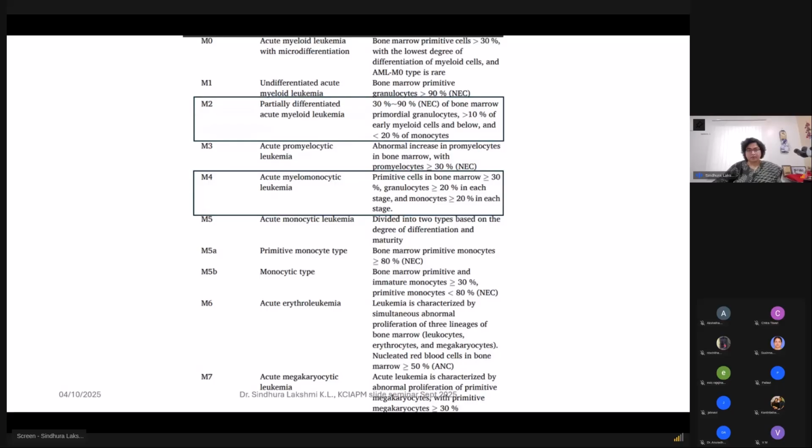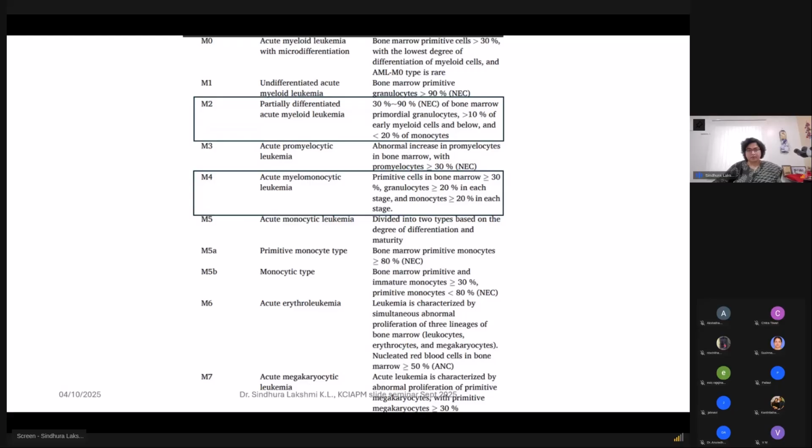Without the nucleated cell differential count, you cannot really classify AMLs into different categories, even by FAB classification. Earlier, there were two or three different kinds of counts people used to do.